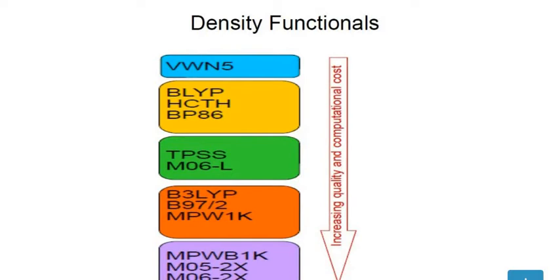VWN5, BLYP, SCTH, BP86, TPSS, B3LYP, B97-2, MPW1K, MPWB1K, M05-2X, M06-2X. These are actually the methods. Computational cost will increase.